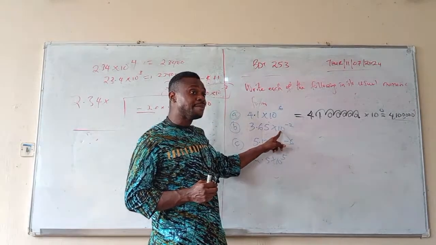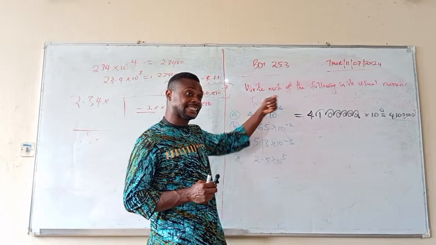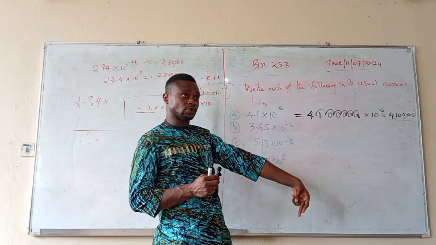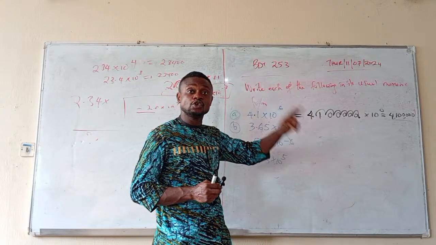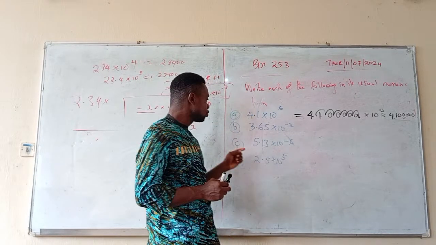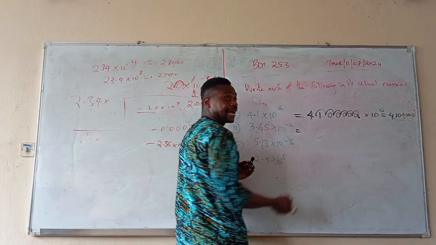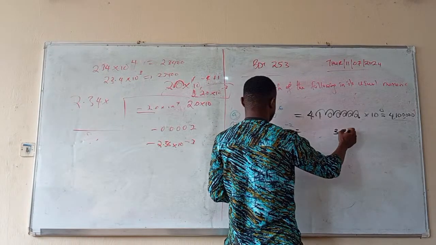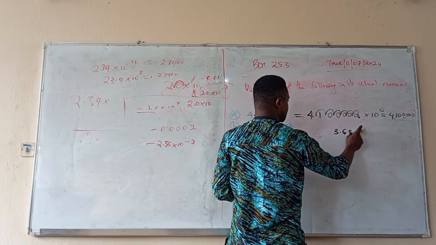For you to be able to turn this to 0, you have to increase 2 times, right? If you add 1 to minus 1, add another 1, it becomes 0. So you will do decimal movement 2 times. What direction? To the left. Because it's left, as you're writing this, you create a space here that can accommodate it, so you can start from here. 3 point what? 65. Are we together? Yes.